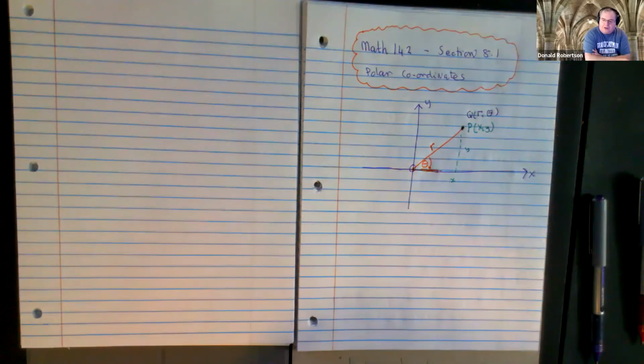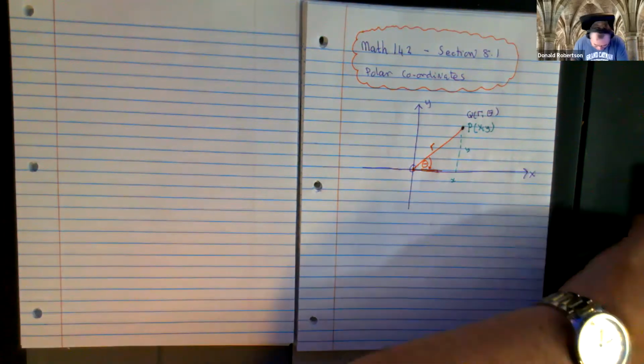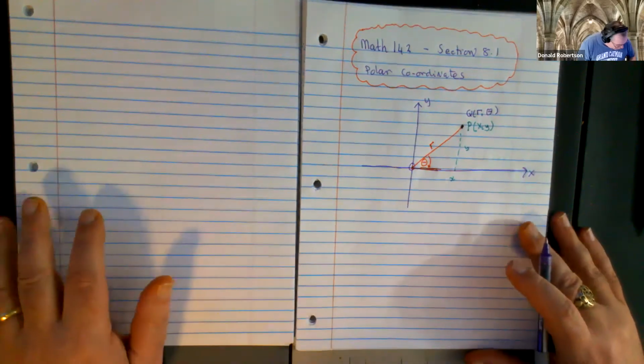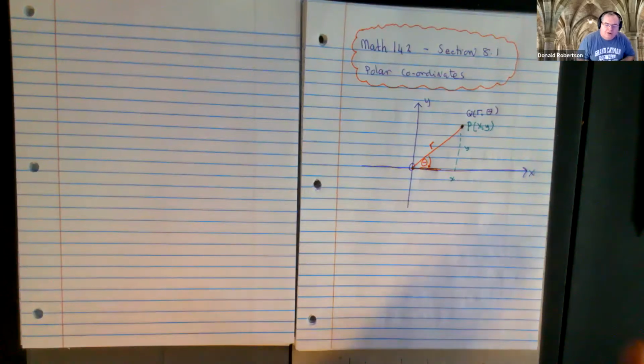So it's not how far along and up you go, that's x and y. It's how far away from the origin you go, that's r, and the angle that it makes with the x-axis. Now, this new coordinate system called polar coordinates is much more versatile and can be useful in a lot of different mathematical situations where the x's and y's don't work.